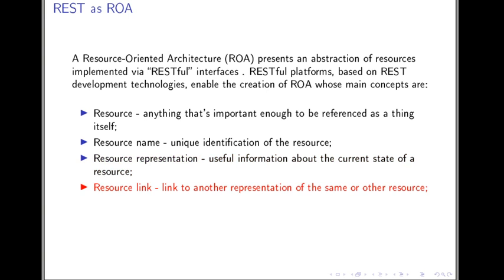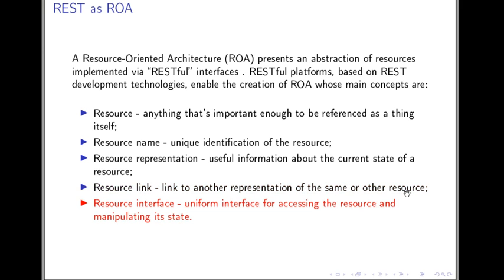Then the resource link, which is a link to another representation of the same or other resources. And then the resource interface, a uniform interface for accessing the resource and manipulating its state.